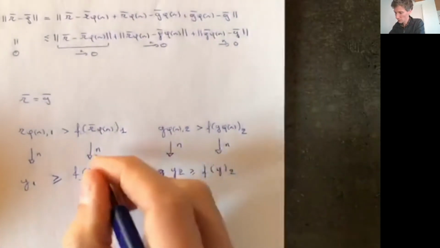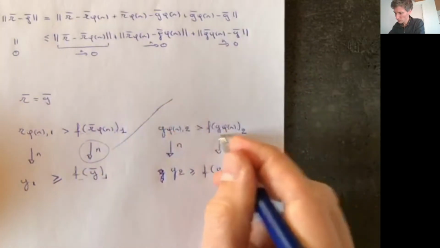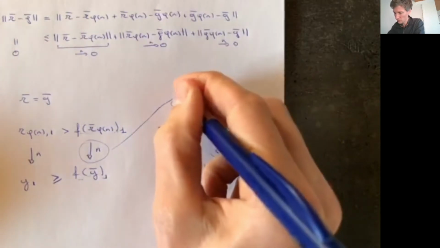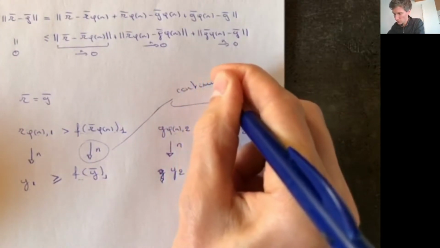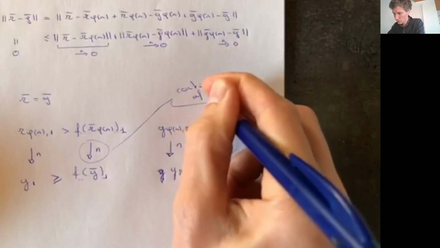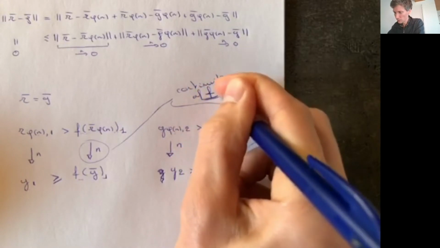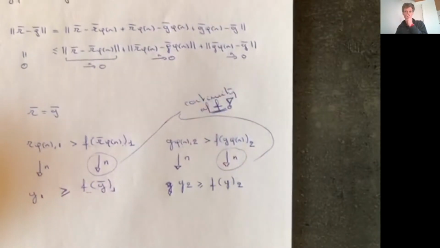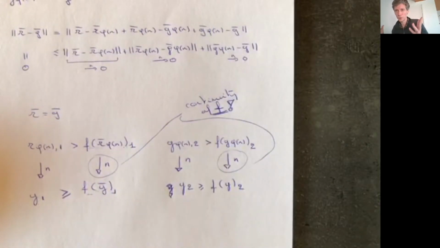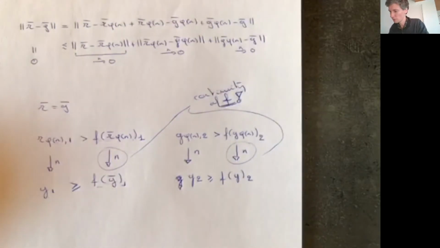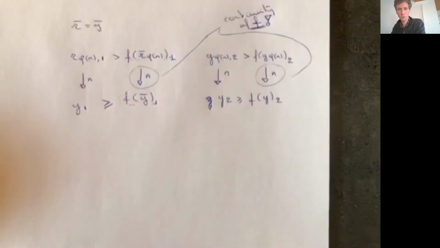So this here and this here, this is the continuity of f. This is where we use continuity. So far we haven't used continuity at any point, but this is really why we need it.